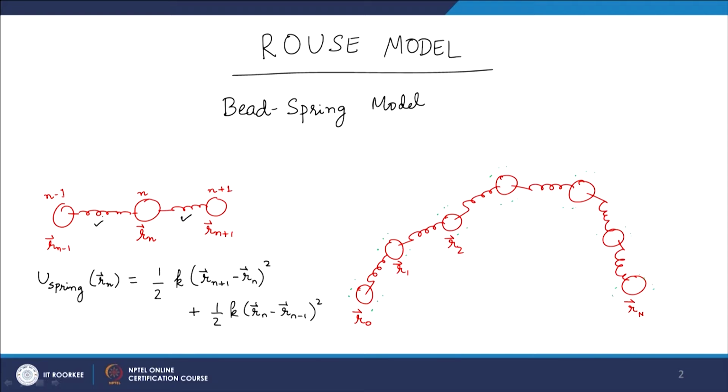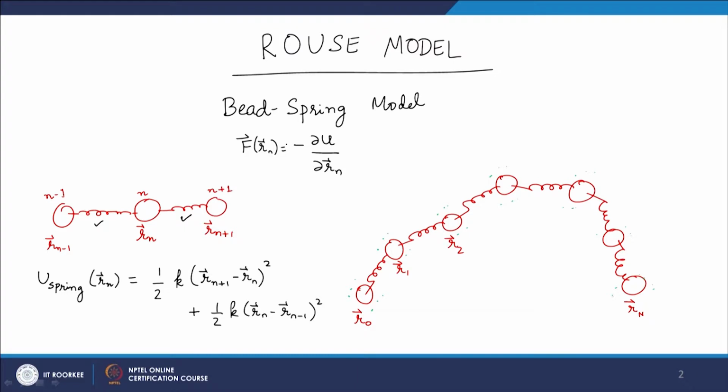So, using that we can get the force, that is minus dou u by dou Rn, which is now a vector. So, I am taking a derivative with respect to a vector, but the rules of differentiation remain the same as we normally do for a scalar as well.